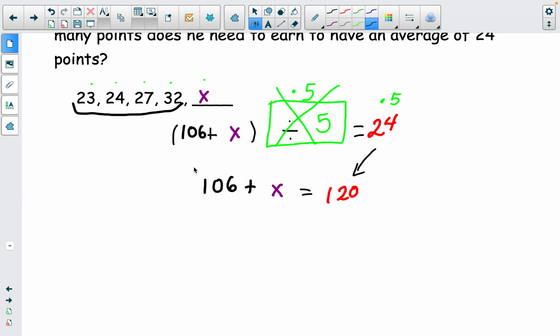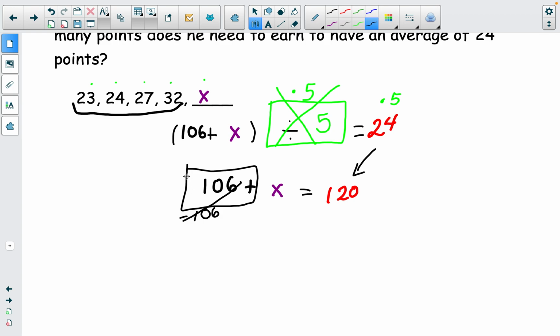How do we do that? We need to neutralize or get rid of 106. How will we do that? We will do the inverse of addition. Yes, do each step so we don't miss out.